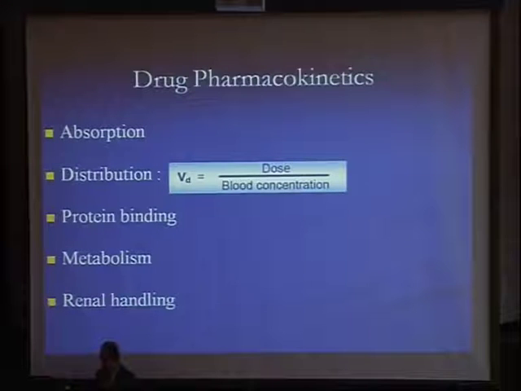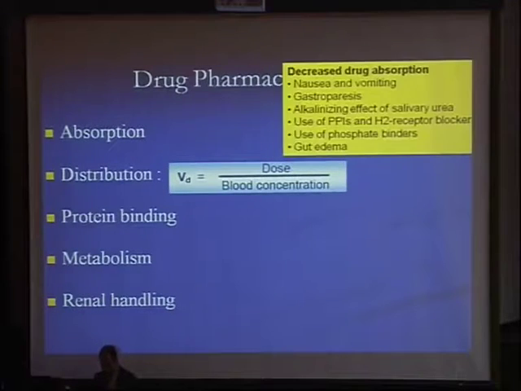Now let's see what happens to each of these steps when impaired function of the kidney occurs. First, with the absorption, there is going to be a decrease in the drug absorption because those patients have nausea and vomiting, they have gastroparesis, and because of the alkalinizing effect of the salivary urea, which changes to ammonia, this will impair the absorption of drugs that need an acidic medium.